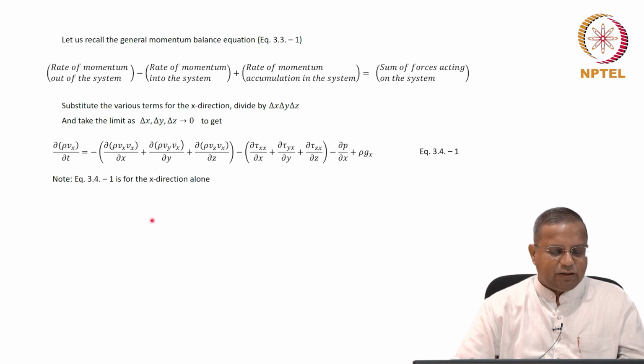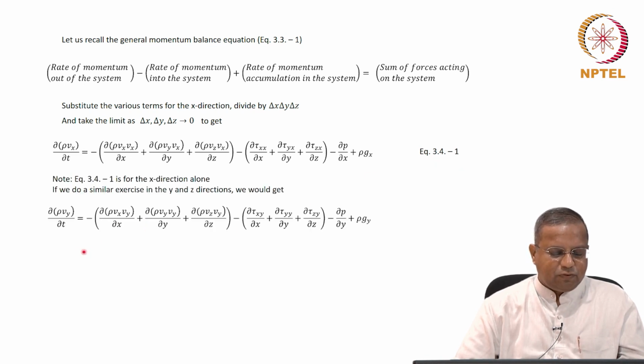The y direction would be ∂(ρVy)/∂t equals minus [∂/∂x of ρVxVy plus ∂/∂y of ρVyVy plus ∂/∂z of ρVzVy] minus [∂/∂x of τxy plus ∂/∂y of τyy plus ∂/∂z of τzy] minus ∂p/∂y plus ρgy.